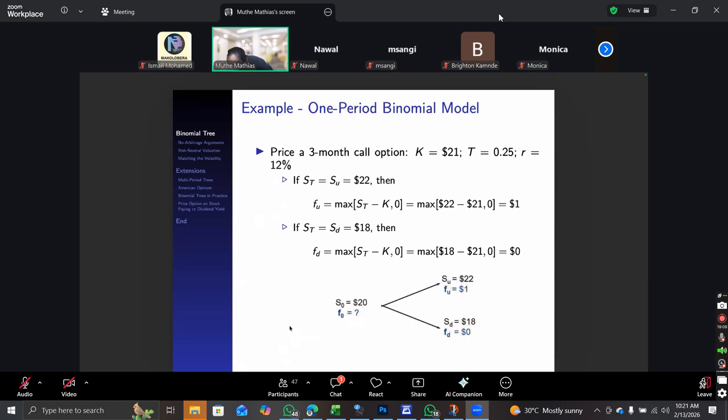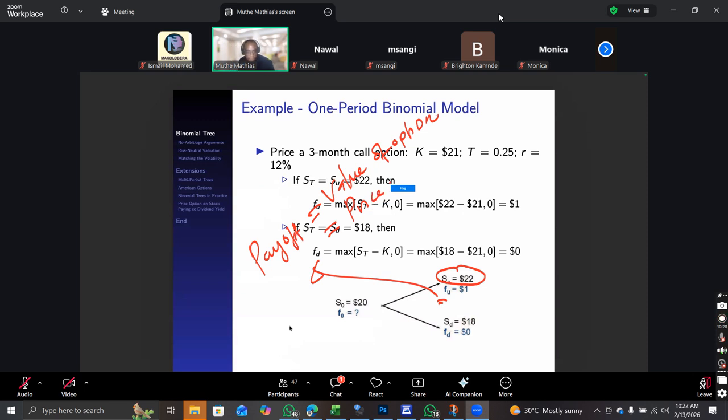So you can have the up scenario, which is this one here. So FU, this is representing the payoff. In other words, this is the same as the value of this option. So this is what we did.